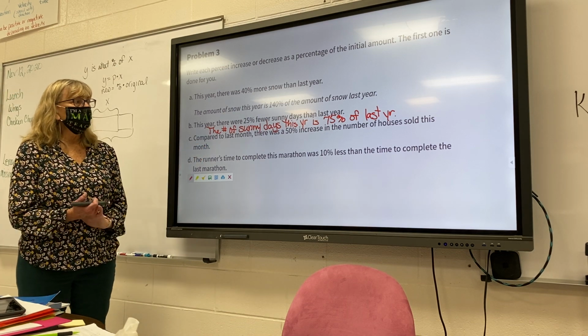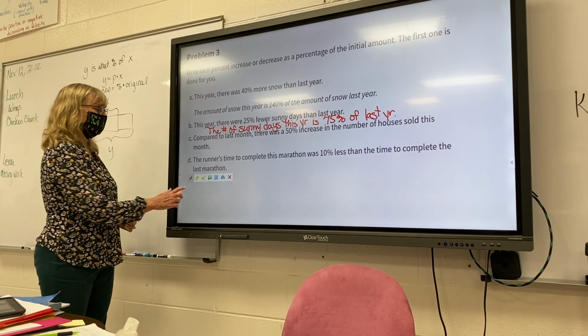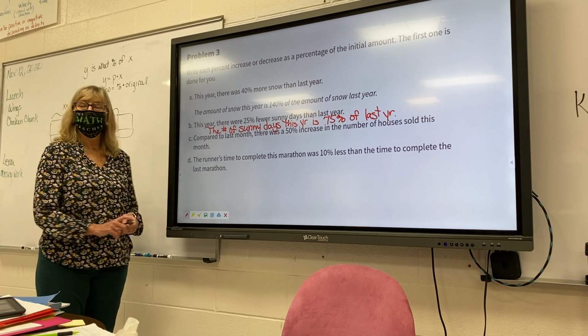Compared to last month, there was a 50% increase in the number of houses sold this month. So what's the new percentage?